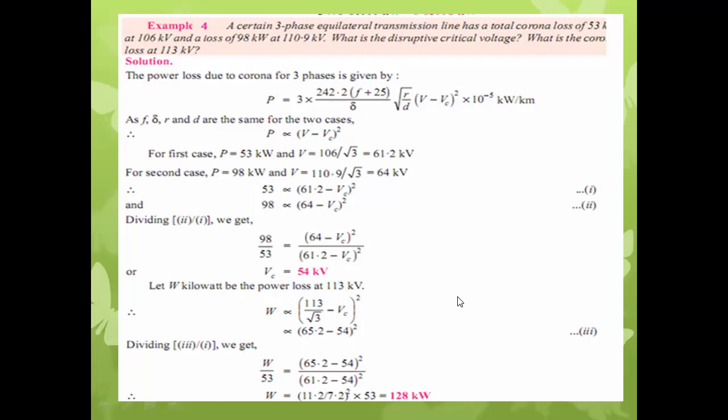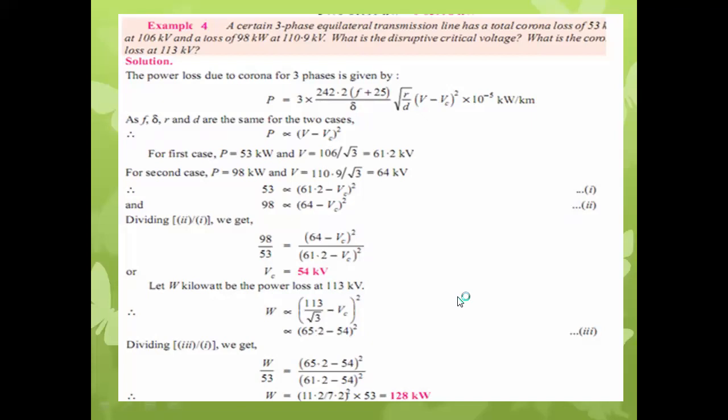As I said earlier, all the terms are constant, for example delta, frequency, radius, and small d. So the power loss is directly proportional to (V minus Vc) whole square. Use that same concept to calculate the power loss due to the corona discharge at 113 kilovolt.